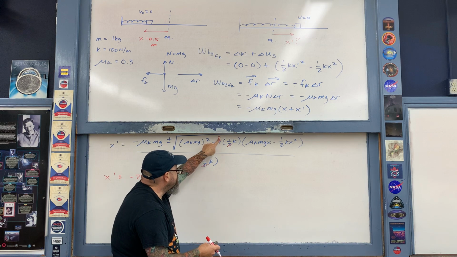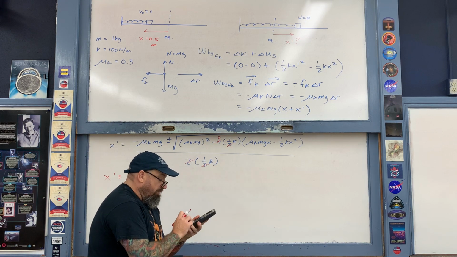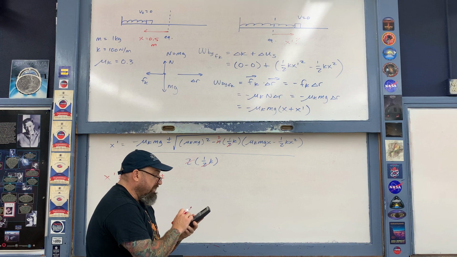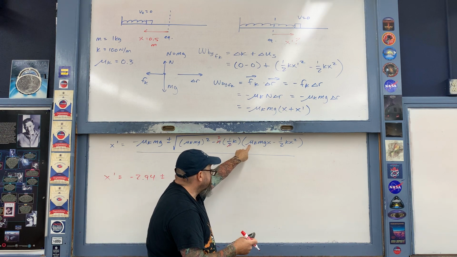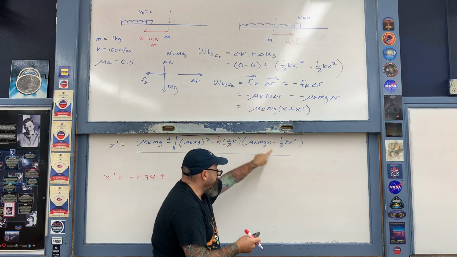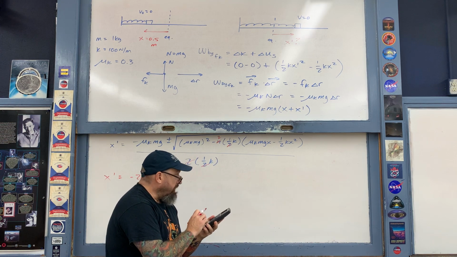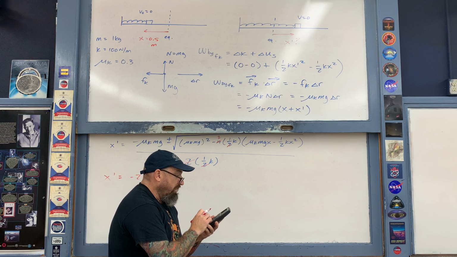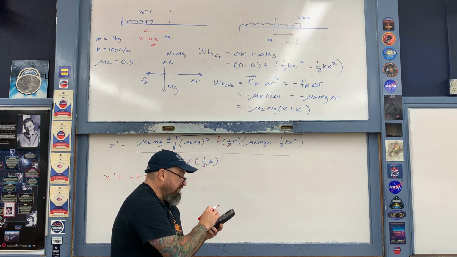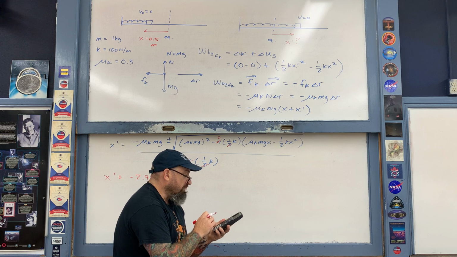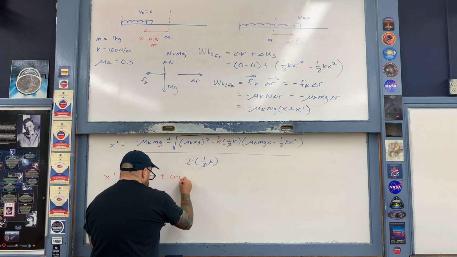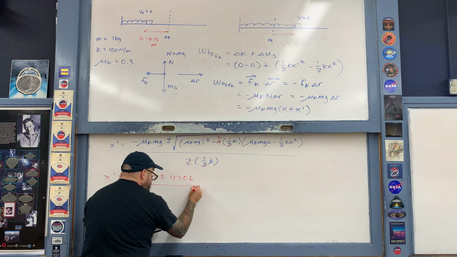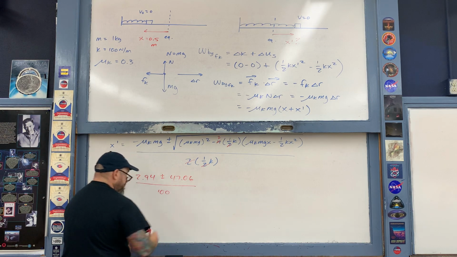Okay, and then minus 2 times 100, so minus 200, and then times the following quantity. 0.3 times 1 times 9.8 times 0.5 minus 1/2 times 100 times 0.5 squared. Quantity equals, take the square root of all of that, equals 47.06. And then all divided by k, which is 100.